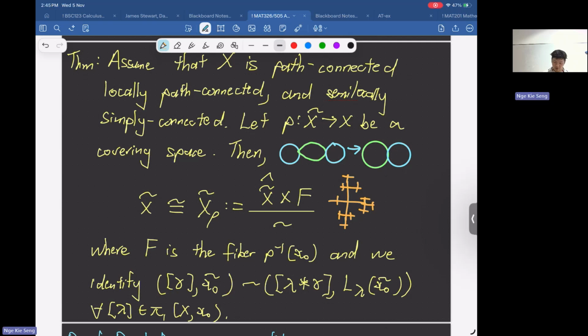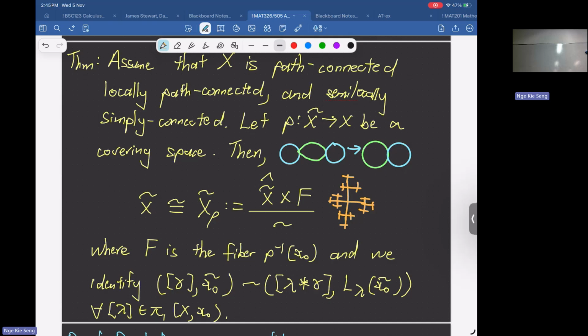Now what you should imagine is that I'm trying to take this infinite fractal and make it something similar to this. There are infinite edges going out, right?